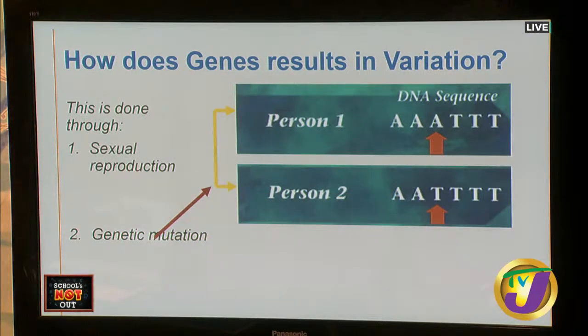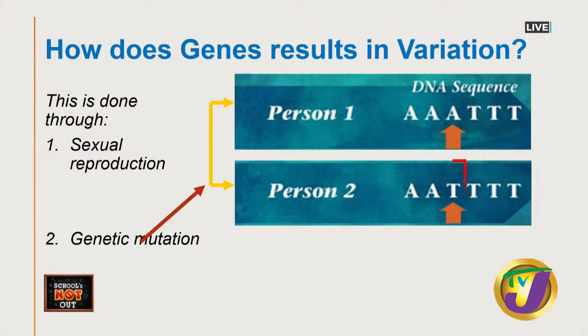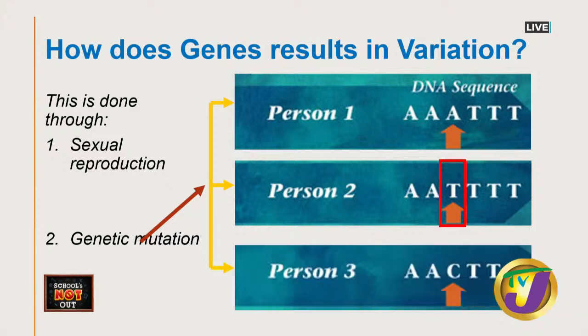But in this case, it might not affect the expression of what we're seeing, because they still have an A and a T in the third position. Another mutation could arise in that for person three, we have a C that is formed instead. So this is a complete difference. In the third position, unlike what we had for persons 1 and 2, where it was an A and a T, for person 3 it's a C, which would mean that the combination in their DNA sequence is now going to be cytosine and guanine.